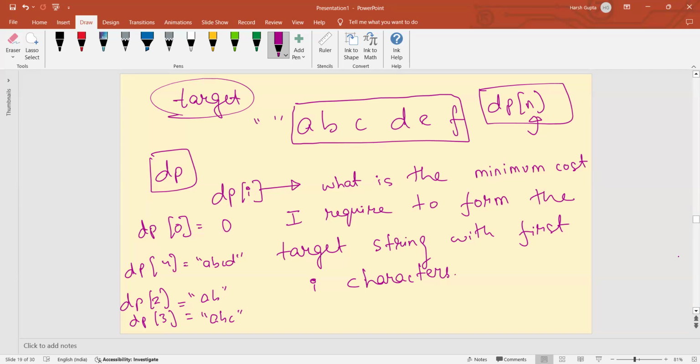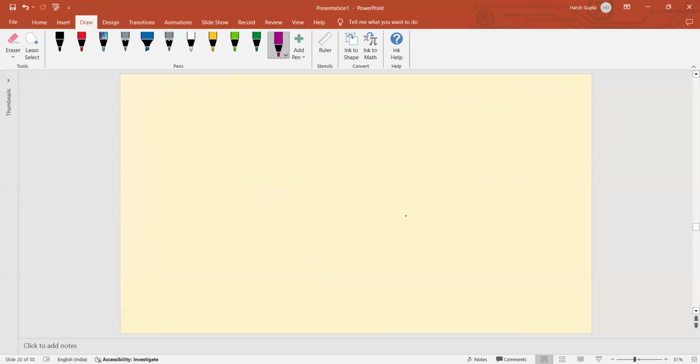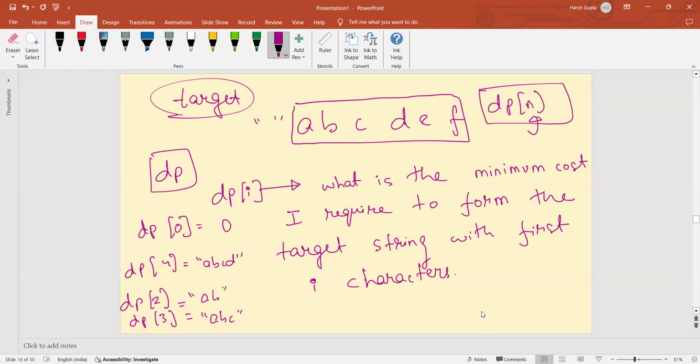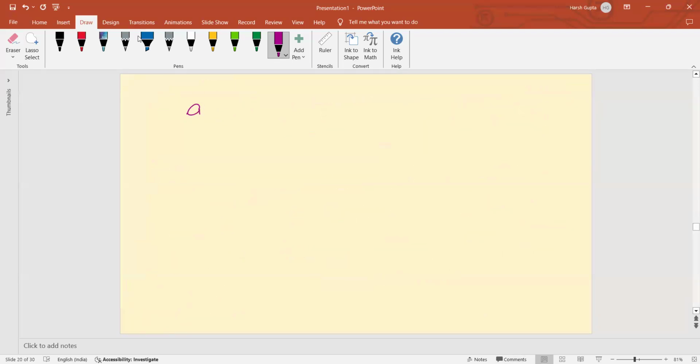Now, how are we going to proceed? What will be the transition for this DP? So we want the string A, B, C, D, E, F, isn't it? We are going to traverse over all these indexes: if the string before a particular point is constructed, then from this index, what will be the cost?